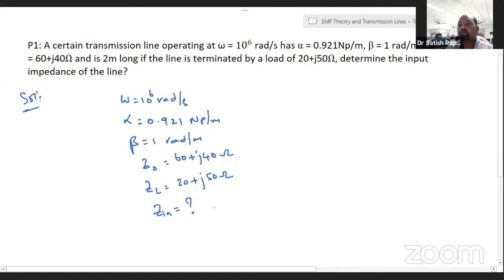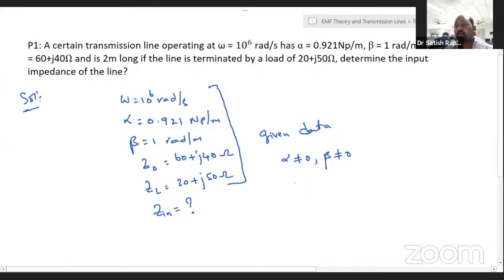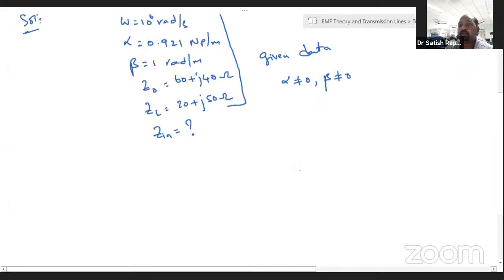So this is the given data. And from the given data, it is clear that alpha not equal to 0 and beta not equal to 0.